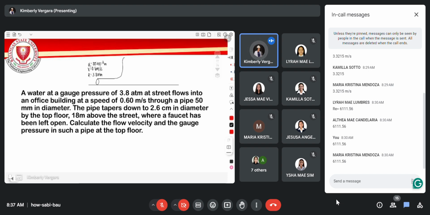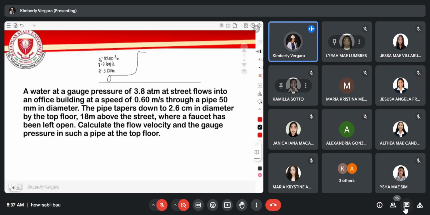The pipe tapers down to 2.6 centimeters in diameter by the top floor. When it went up the building, it became 2.6 centimeters, very small. So our diameter 2 is 2.6 centimeters, or 2.6 times 10 raised to negative 2 meters.